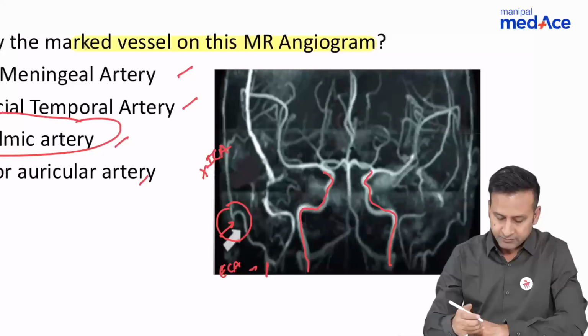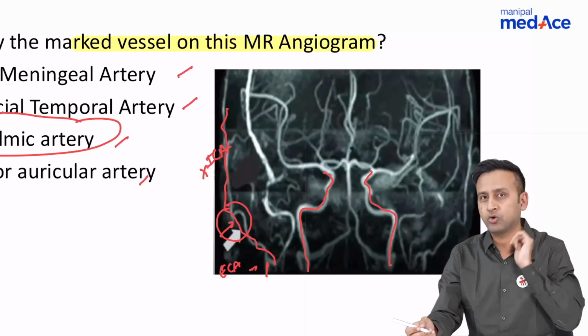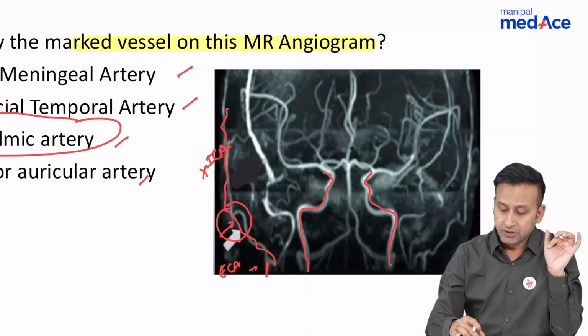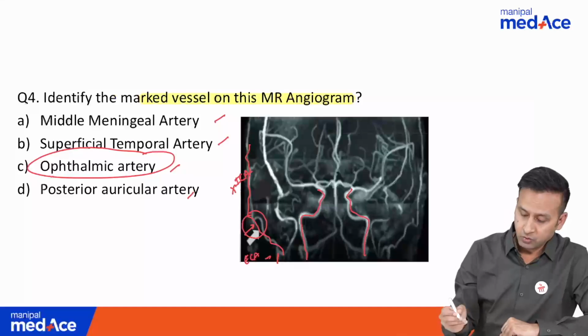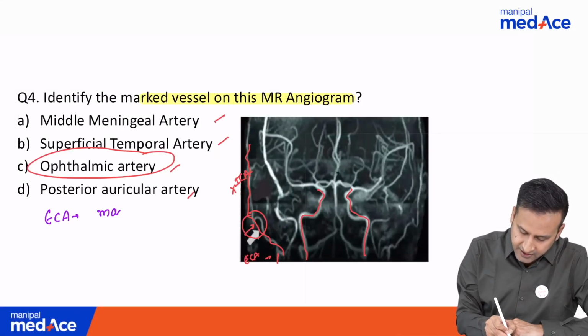Now, if we look at this particular artery, look how it is traversing. It is traversing on the outer aspect, typically in the temporal region. So if you recollect your knowledge of anatomy, the two terminal branches of ECA are what? They are the maxillary artery and the superficial temporal artery.